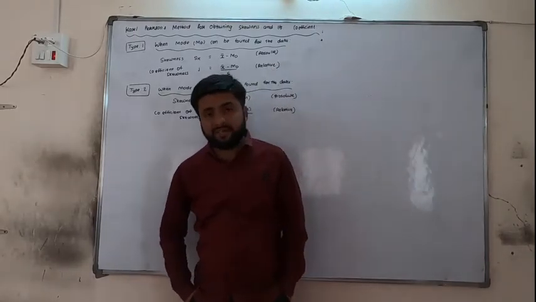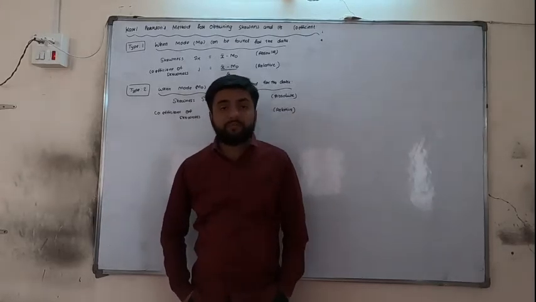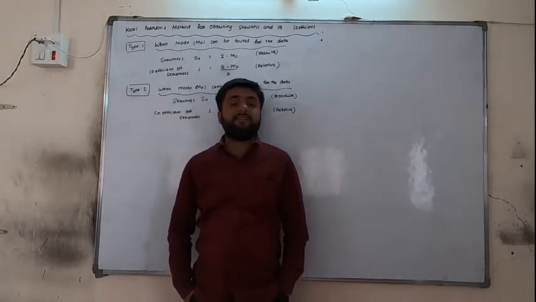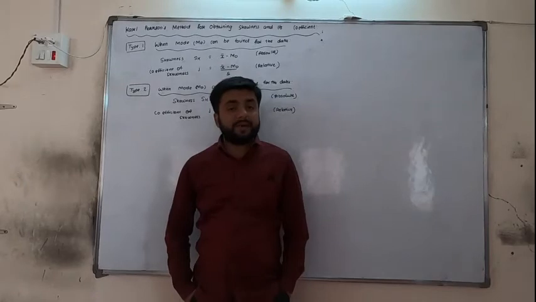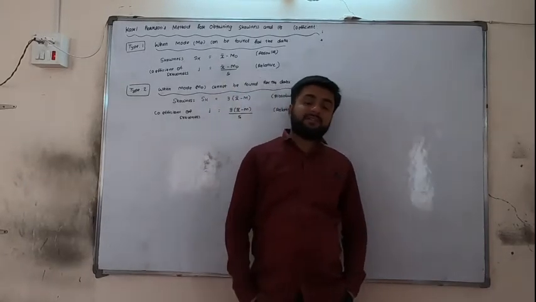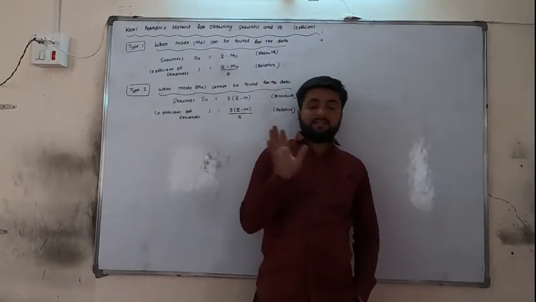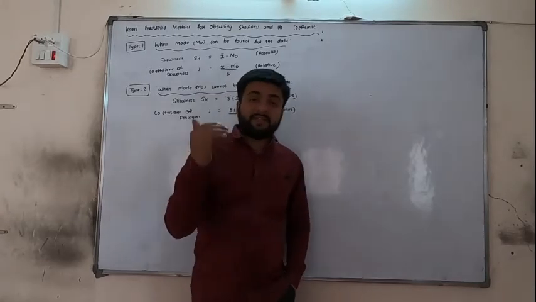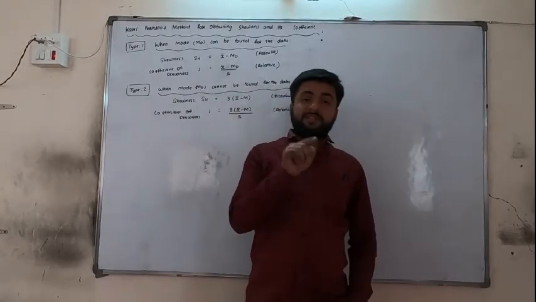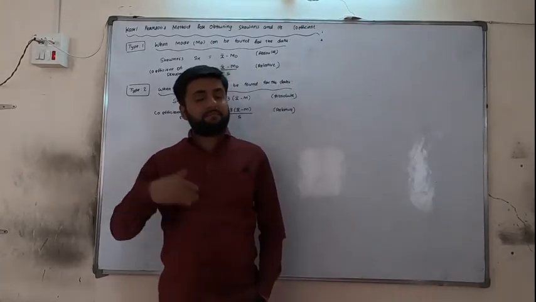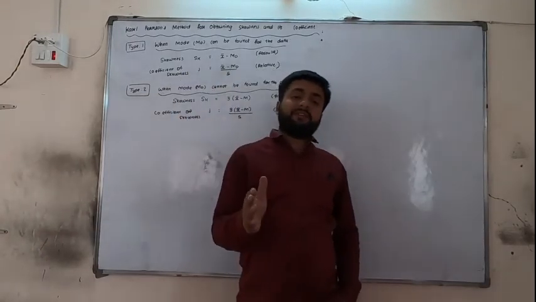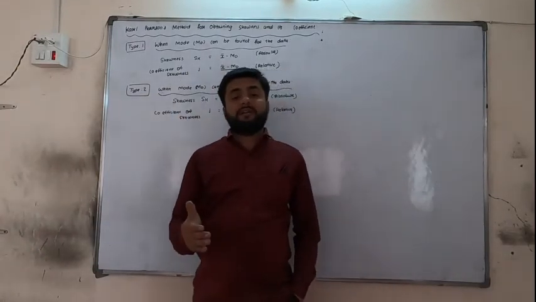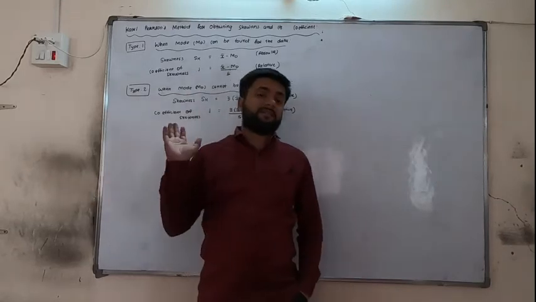So for standard deviation, when it is an ungrouped data, the formula will be S is equal to the square root of (sigma x square by n minus x bar square). For a discrete data, square root of (sigma fx square by n minus x bar square), and for the continuous data also, sigma fx square by n minus x bar square.